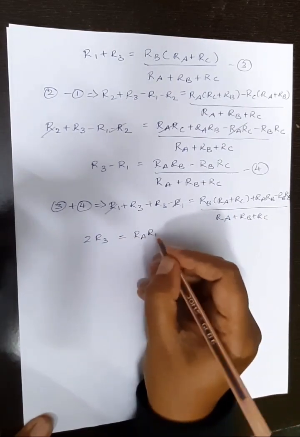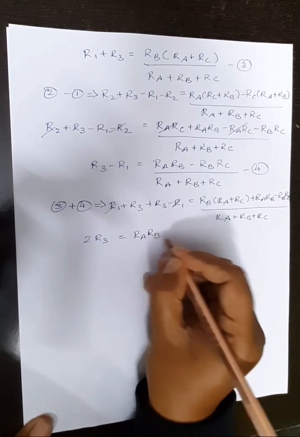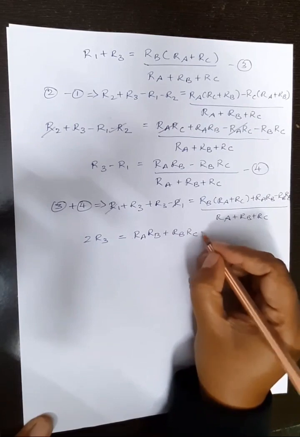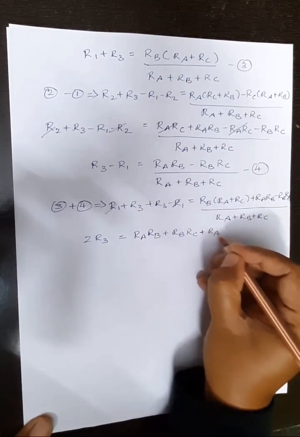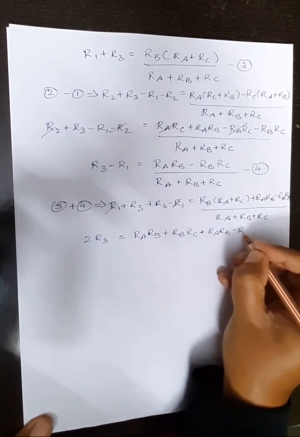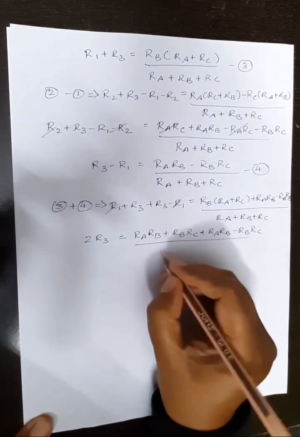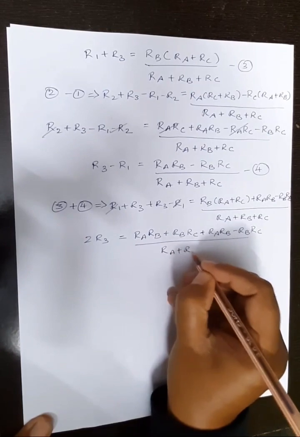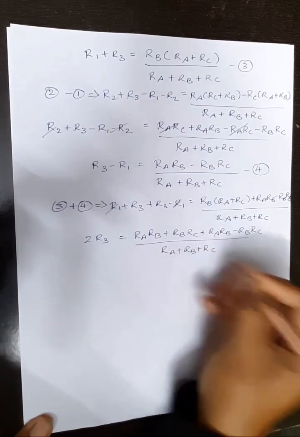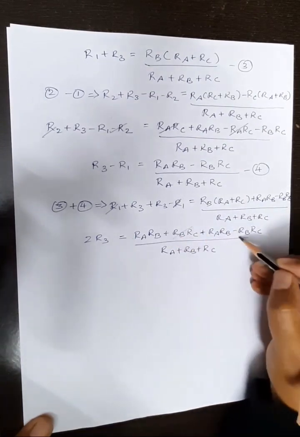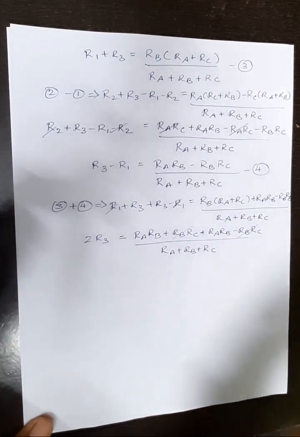multiply into the brackets. You will get RA into RB plus RB into RC plus RA RB. Remaining terms you write as it is minus RB into RC whole divided by RA plus RB plus RC. Now in the numerator if you observe you have plus RBRC minus RBRC both will get cancelled.